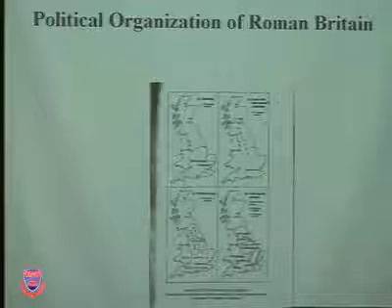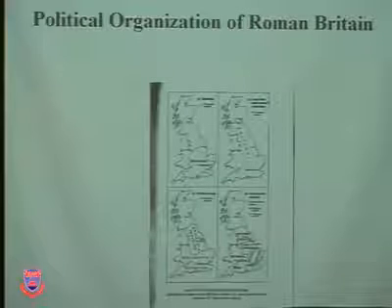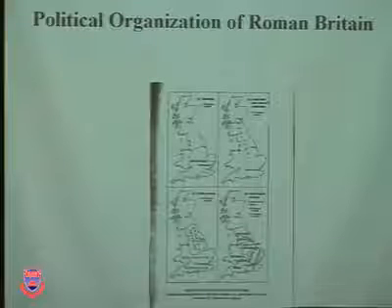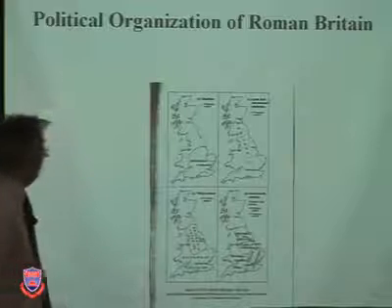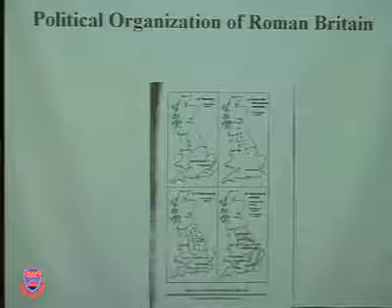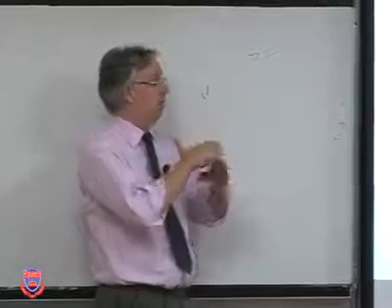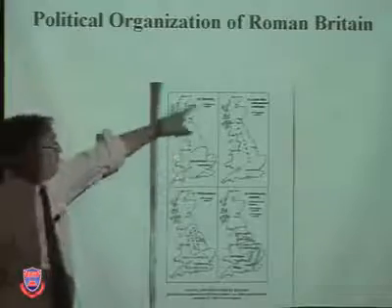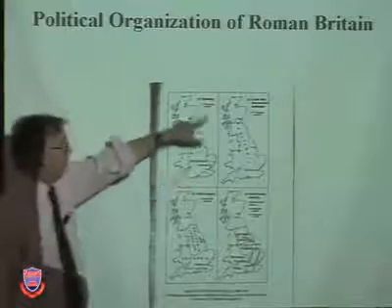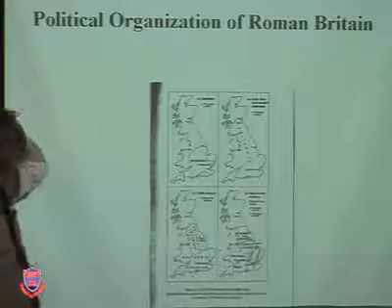Okay, so what we've got here is a series of maps showing the administrative development of Roman power in Britain from the 1st century down to the beginning of the 4th century, and the gradual division of the province of Britannia into more than one part. In this first map, it's the situation at the beginning of our chronology.